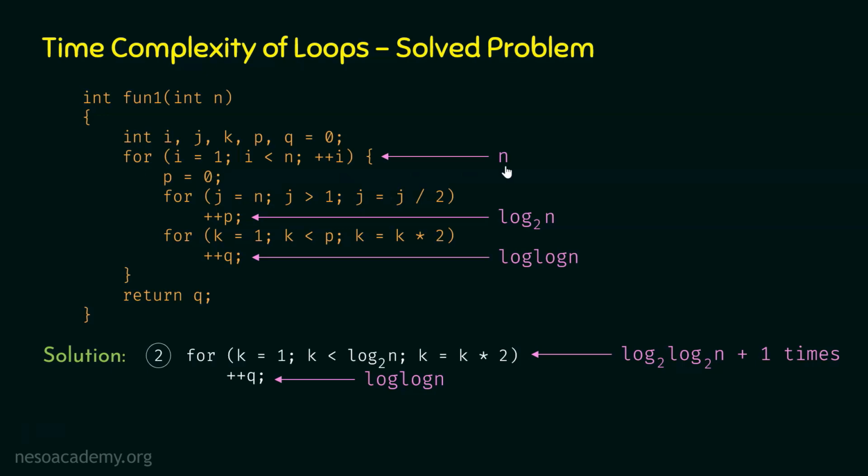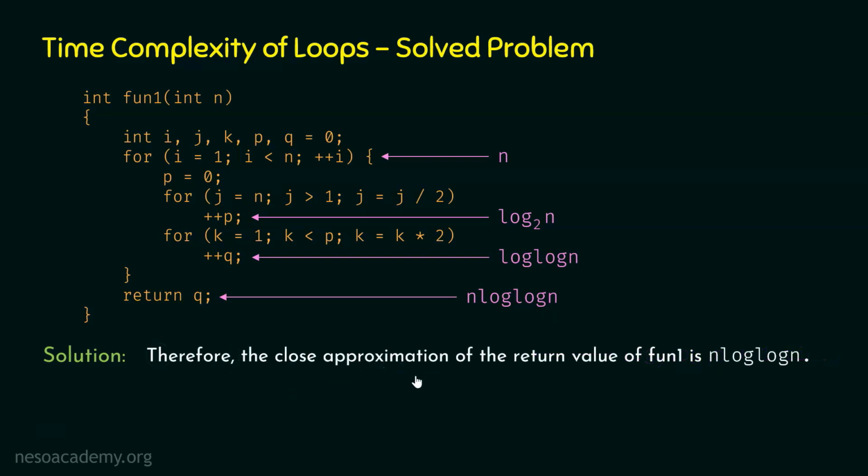And if there are n iterations, the final value of q will be n times log n. And this means after completion of this for loop, the value of q will be n times log n. And hence, the return value of this function must be n times log n.